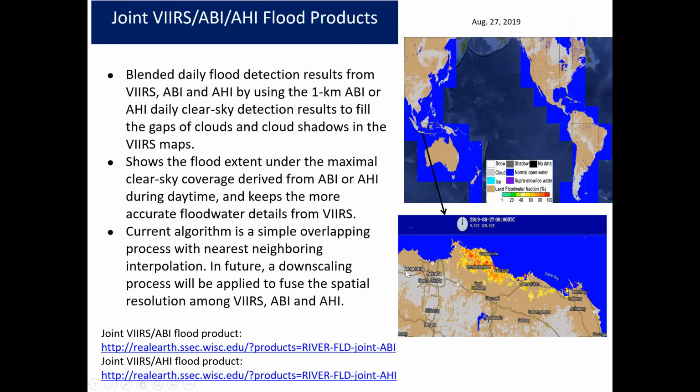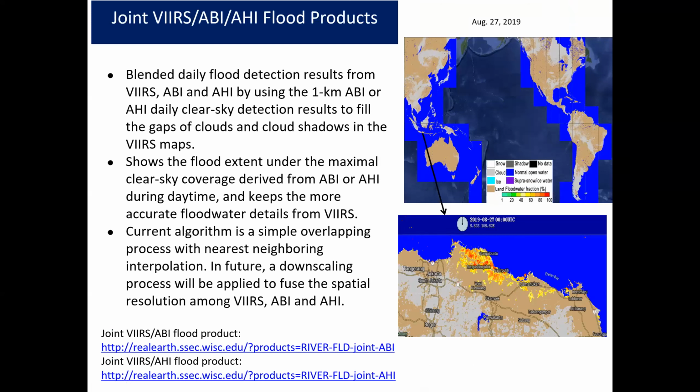This is the joint VIIRS-ABI and AHI flood product. This is the blended result from VIIRS, ABI and AHI daily composite results. It's based on the VIIRS daily composite result, and then uses the ABI and AHI daily composite results to fill the gaps of clouds and cloud shadows in the VIIRS flood maps.